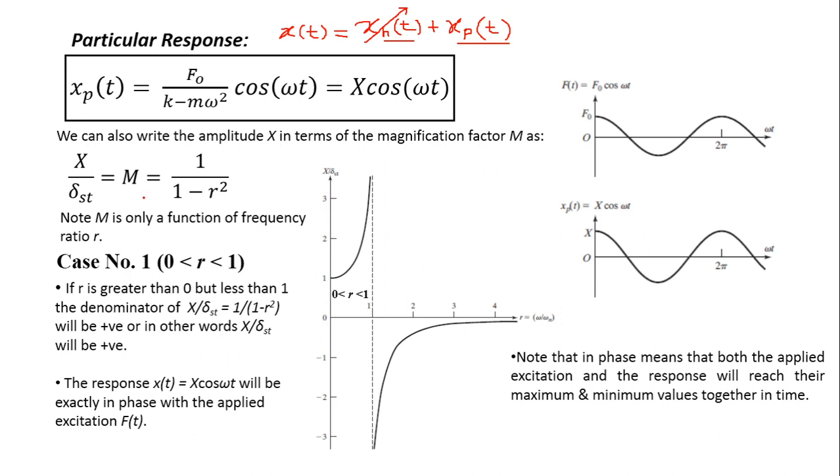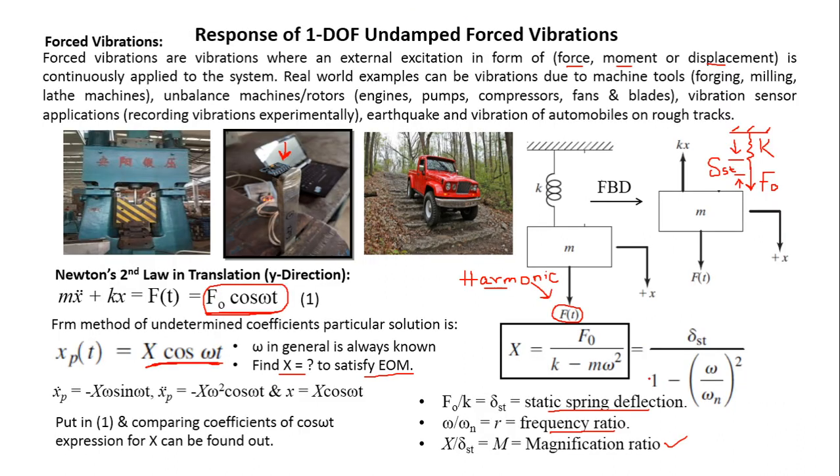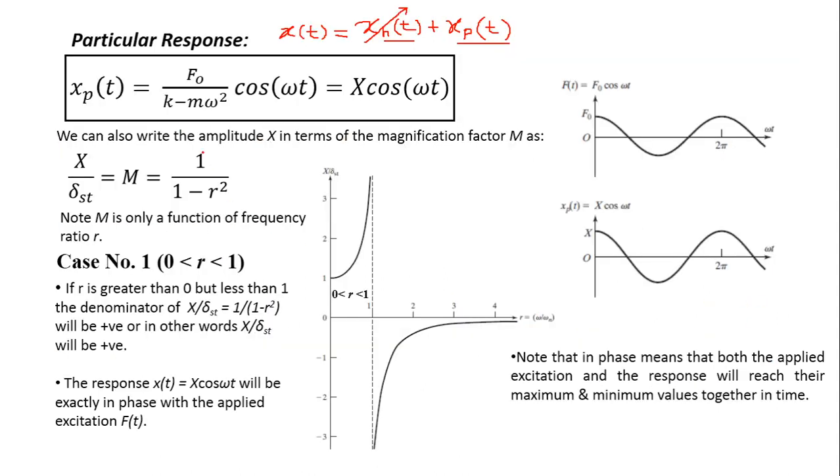Now, as I already told you, we can define a dimensionless amplitude, that is X upon delta st, and this omega upon omega n is r. So this means that X upon delta st, which is equal to M, the magnification ratio, will be equal to 1 upon 1 minus r square.